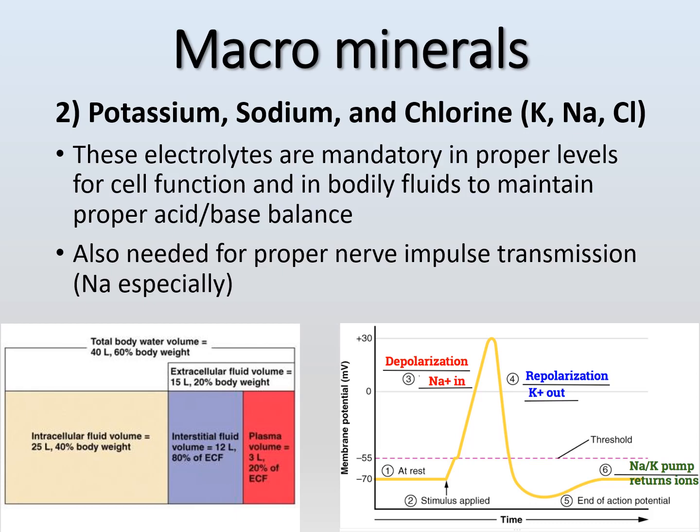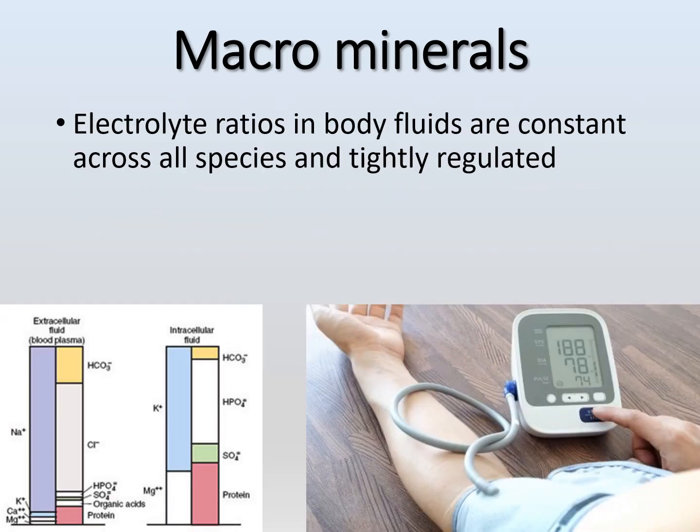It's just a little graph there to show you this depolarization idea from a nerve impulse. You don't need to memorize any of that or the percent of body weight and things like that for our body water, but it's just to remind us where that body water lives. Okay.